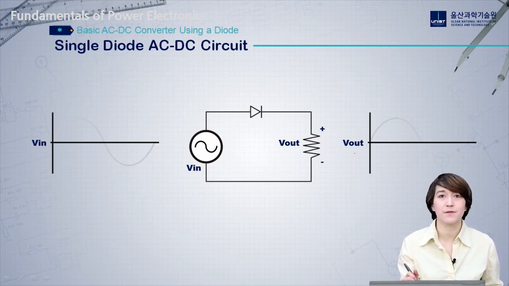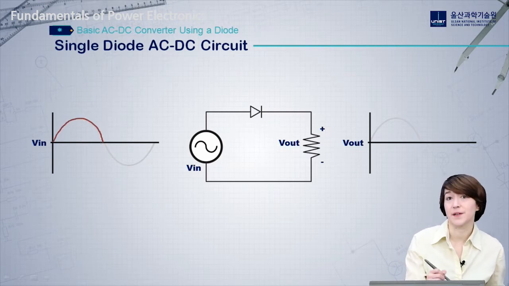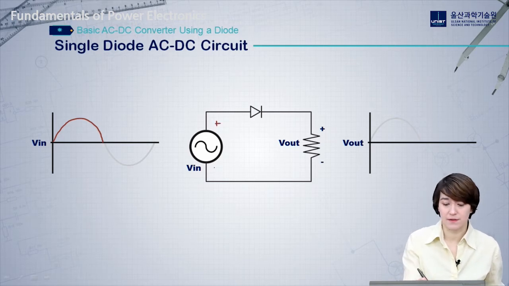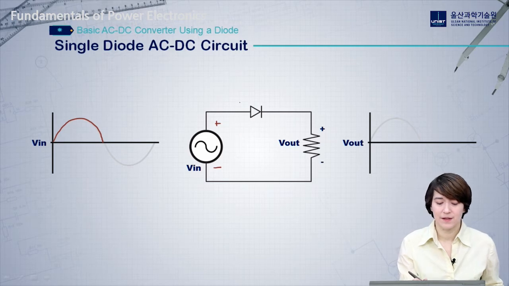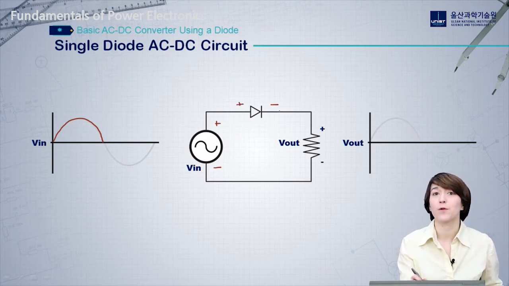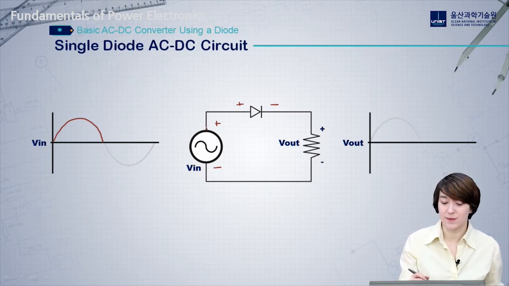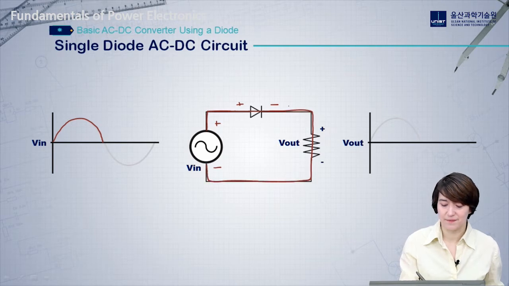So first, in an AC input, we have the voltage on the positive side coming in here. This means that the positive and negative polarity is as shown. This means also that the voltage over the diode will be forward biased. So this means that current will flow from the input through the diode, through the resistor, like this.